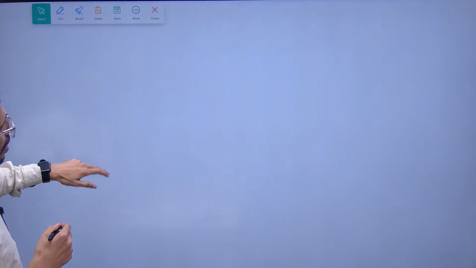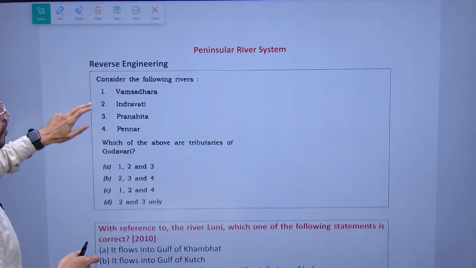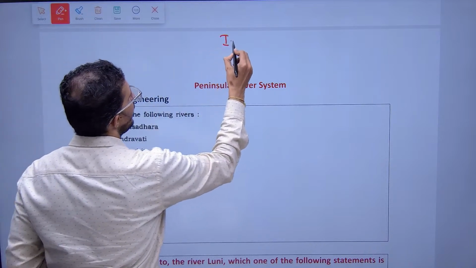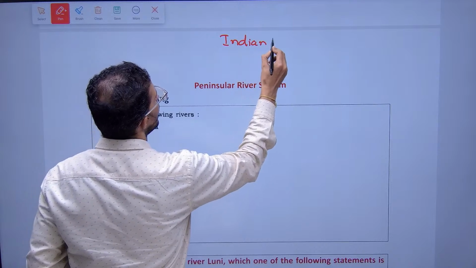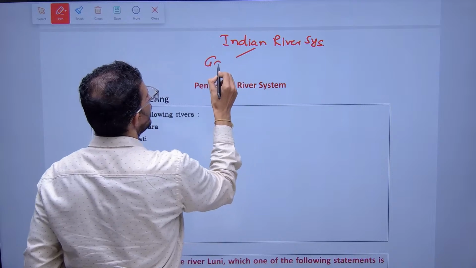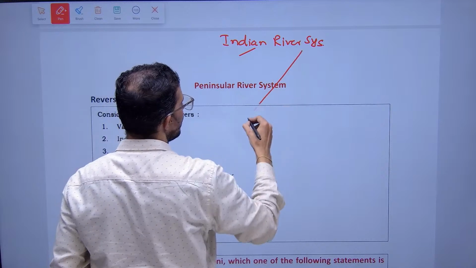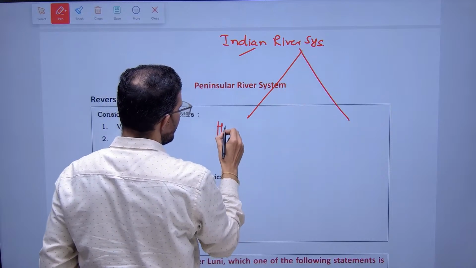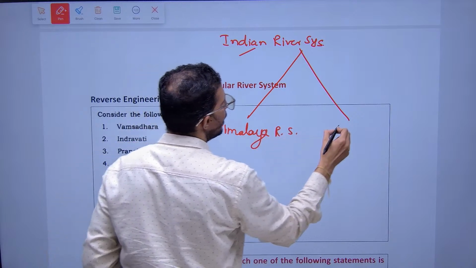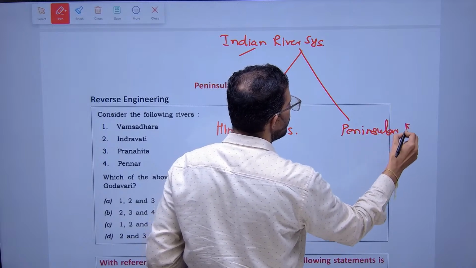Yes. Now we are going for the Peninsular river system. Like what we have done, our Indian river system, we have divided into two: the Ganga river system, the Himalayan river system, and the next one, the Peninsular river system.